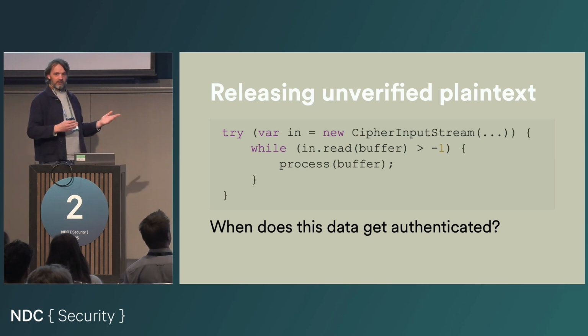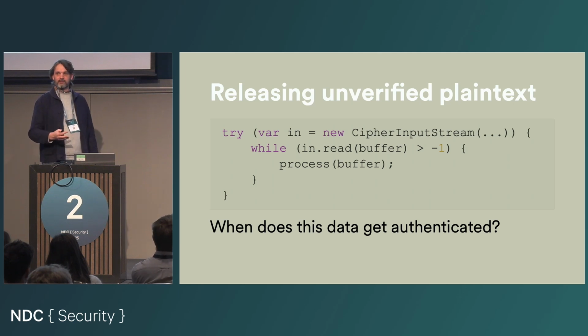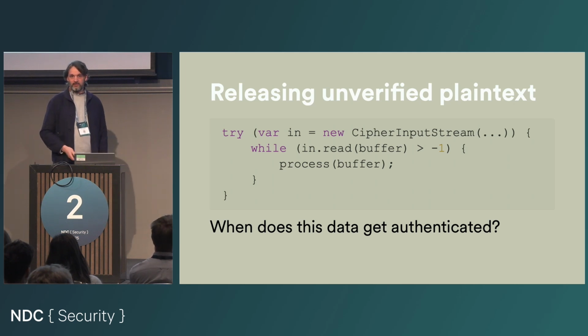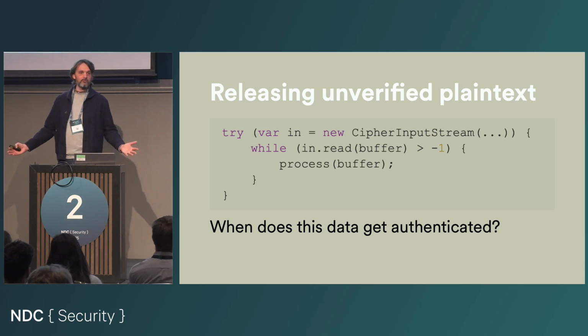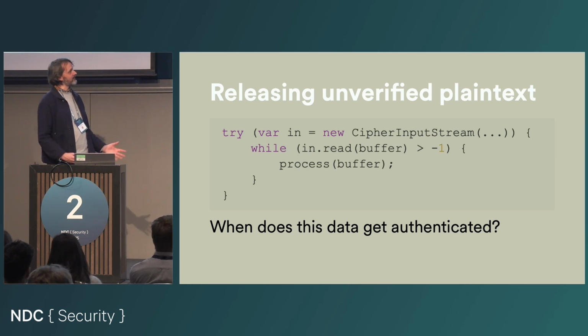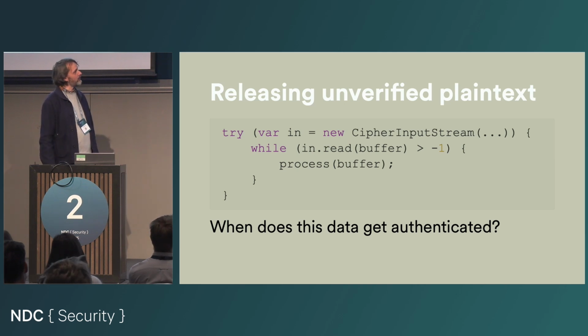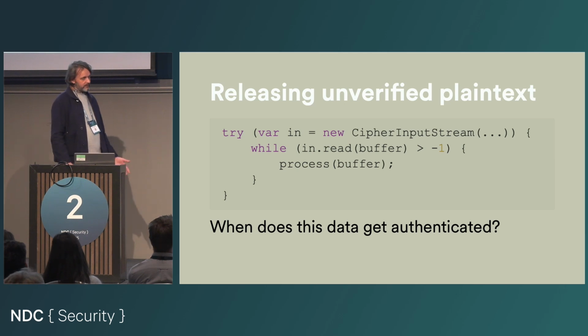And so if we're processing gigabytes of data, and we're streaming it through, it's only when we get to the very end that we're going to find out that anything's been tampered with, which is too late by that point, because we've already been reading in chunks of data and processing them, unless you're going to buffer it all up in memory again, or have some massive transaction that you're going to roll back at the end, neither of which really serves the purpose of what you were doing in the first place. And so we generally call this releasing unverified plaintext, the idea that you're processing data that you've decrypted before you know whether it's authentic or not.